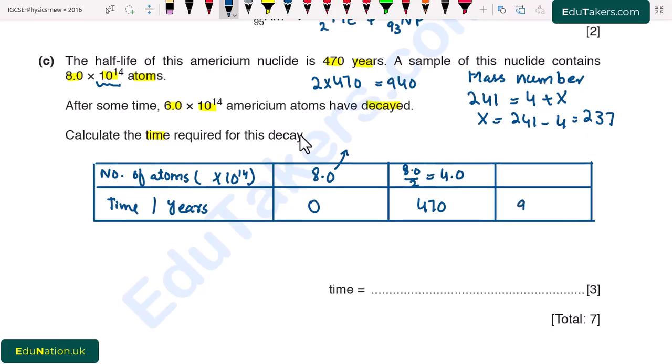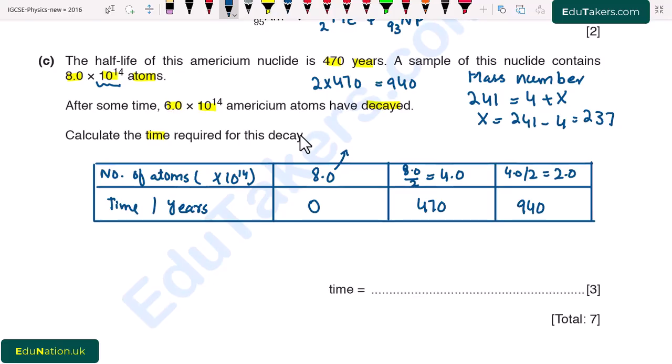So I write here when second half-life passes means that 940 years pass. Then the half of this amount again decays and it becomes 4.0 divided by 2, which is 2.0. It means that 2.0 into 10 to the power 14 atoms are left behind.